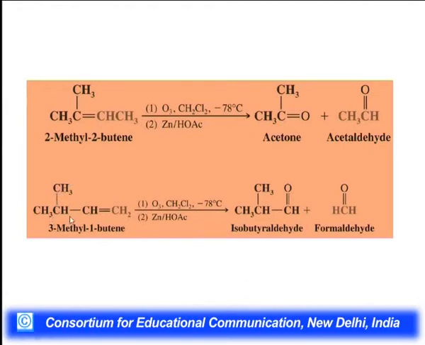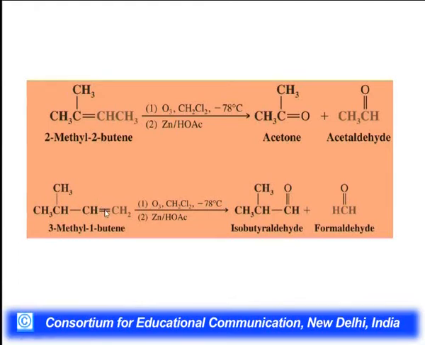So when we do the cleavage with ozone, this bond breaks and we get formaldehyde from this part, and we get isobutyraldehyde, or 2-methylpropanal in this case, which is the IUPAC name of this compound. So what you have to remember is, we have to break this double bond and add oxygen at each fragment that we are getting.